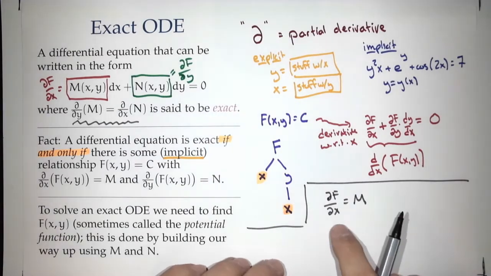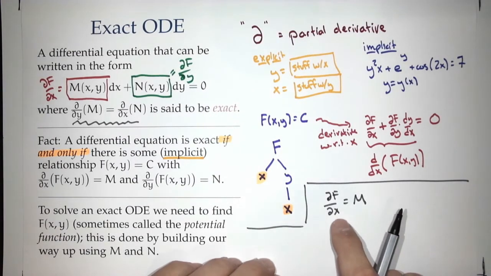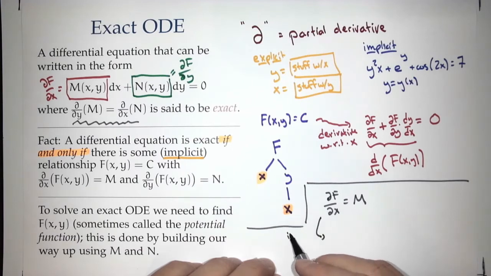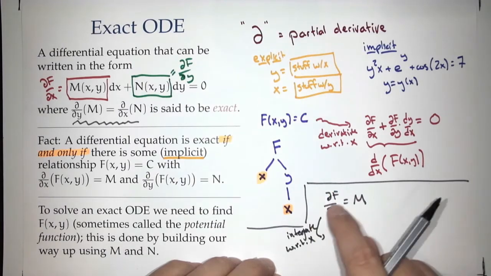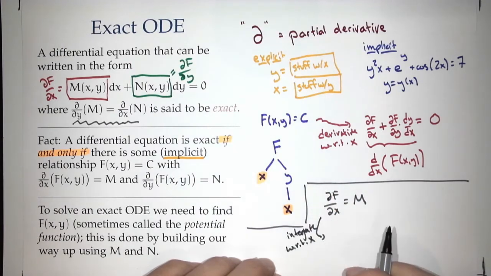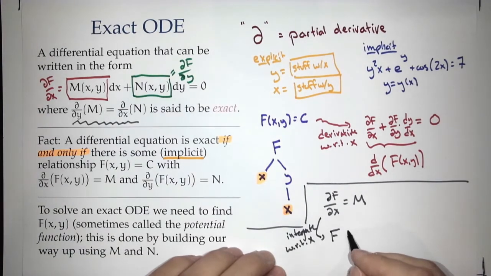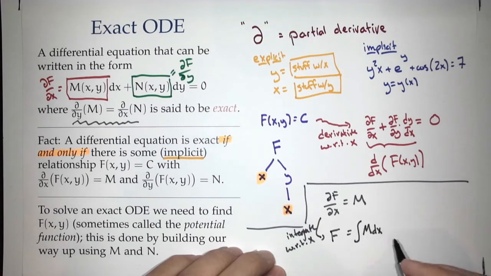What should we integrate with respect to? x. If we do that, what will we get on the left-hand side? We'll get f, because we took a derivative and then integrated. That will be the integral of M dx.